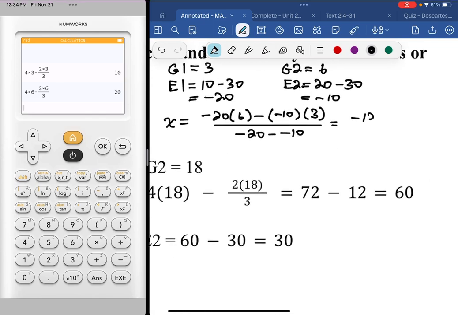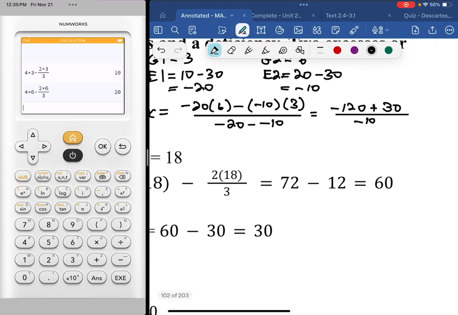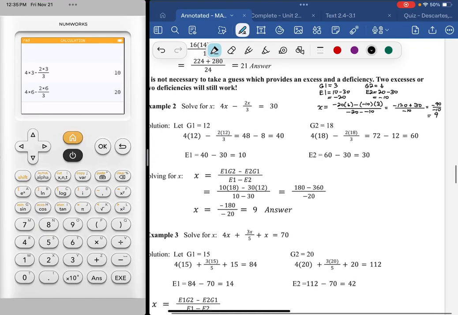So that's negative 120 plus 30 over, two negatives make a positive, negative 10. Negative 120 plus 30 is negative 90. Divided by negative 10 is equal to 9, and that happens to be the correct answer.